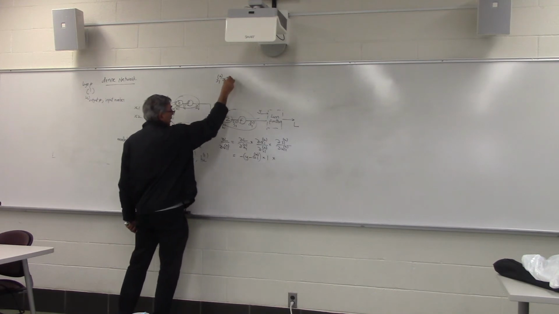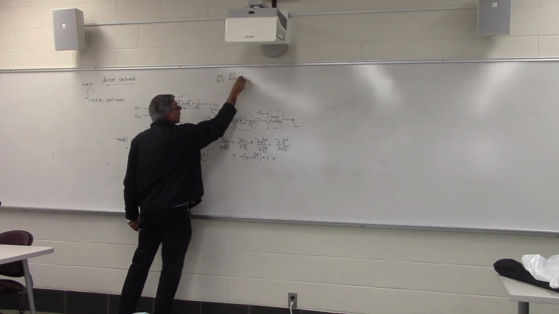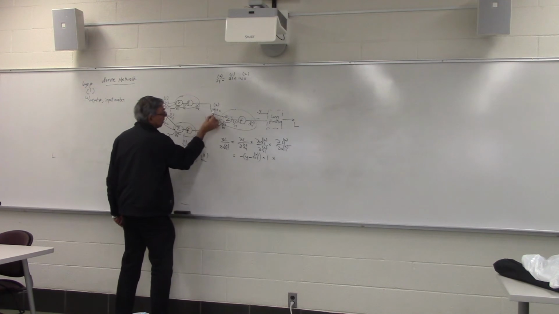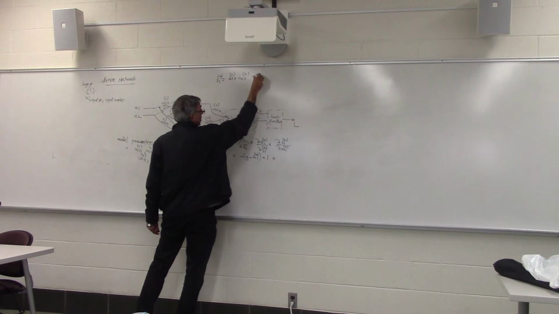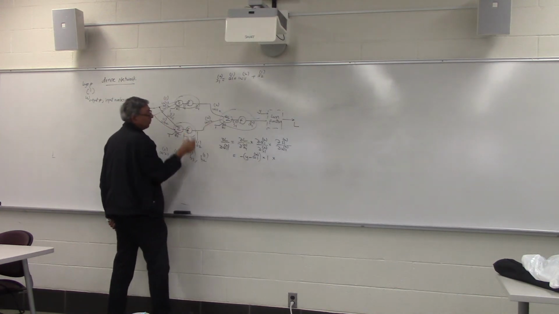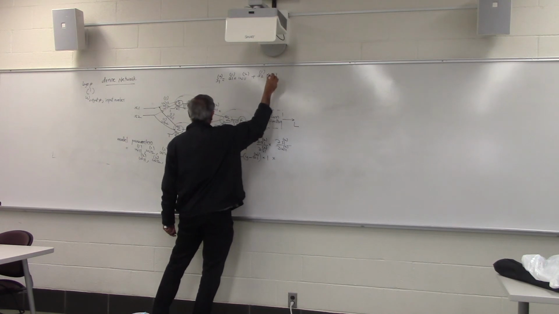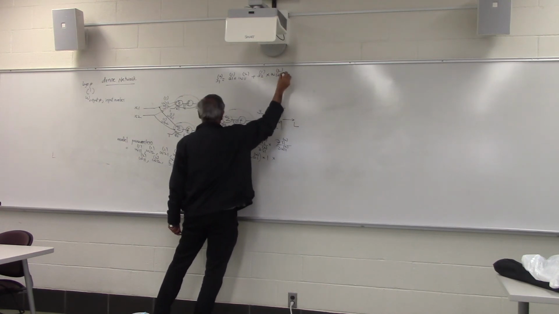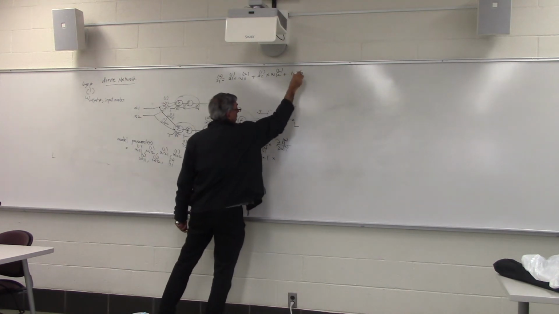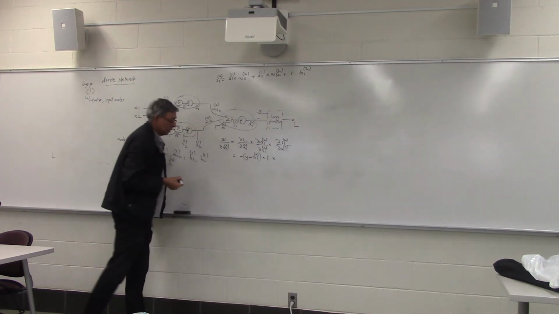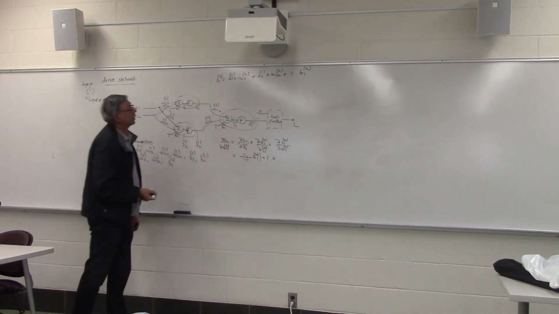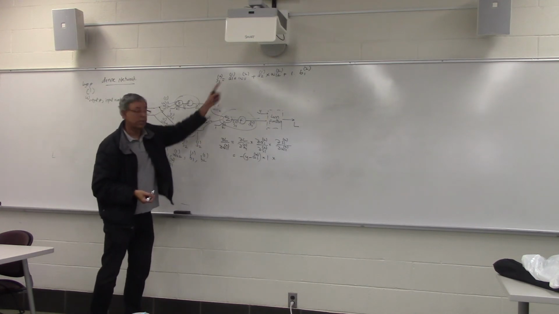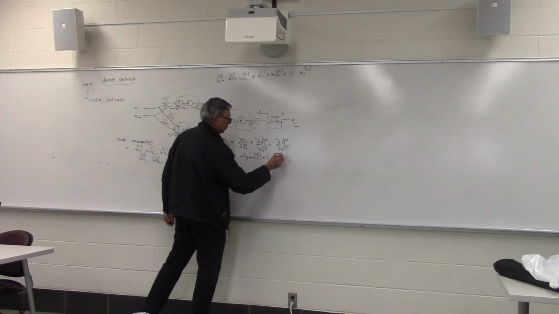The input is A1 of 1 times W11 of 2, because this gets multiplied here, plus A2 of 1, that's the input feeding to this one, times W12 of 2, plus 1 times B1 of 2. Okay, so what will now be partial S1 of 2 over W11 of 2? You can see it's just A1 of 1, right? So this will be A1 of 1.